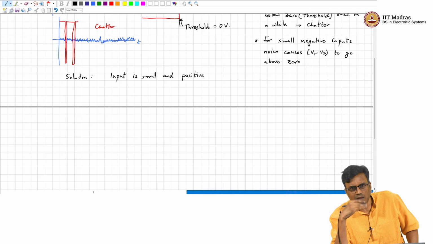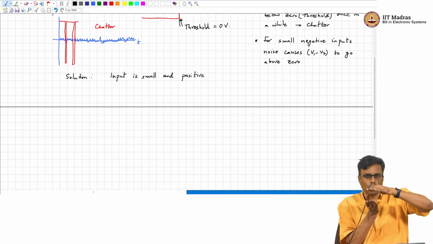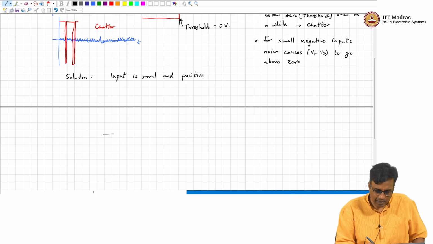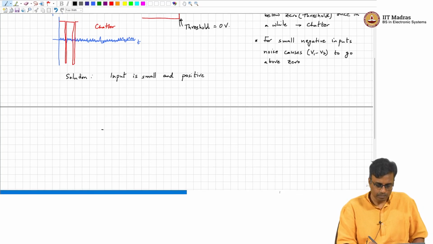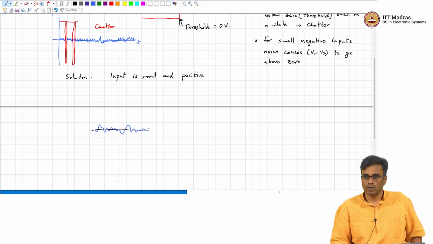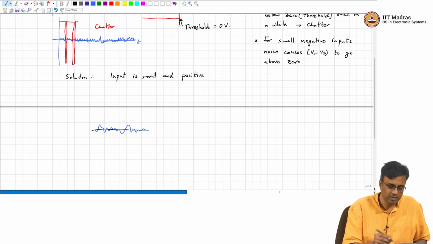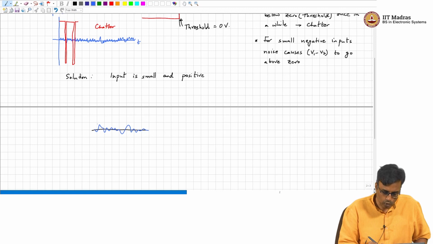The problem that you are trying to avoid is that small positive. We know that the input plus noise occupies a certain window, correct? Okay. Ideally the input is supposed to be like this. In reality, on top of it, there's something riding, okay. But we do not want the comparator or whatever decision we make to respond.